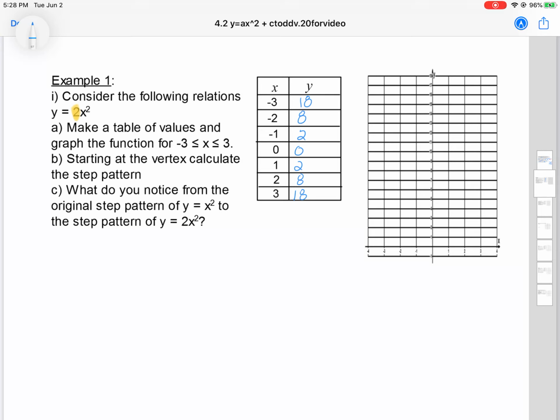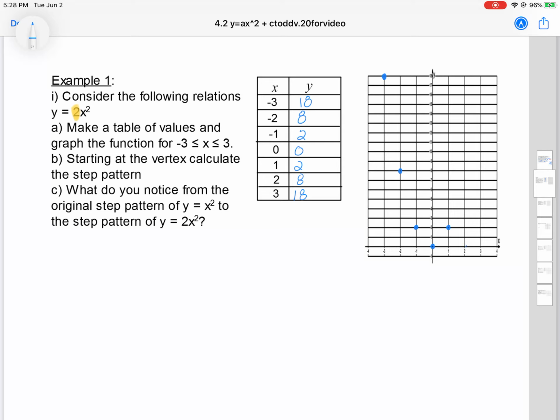Now we're going to graph the function by looking at the ordered pairs. Negative 3 and 18. Negative 2 and positive 8. Negative 1 and 2. 0, 0. 1, 2.